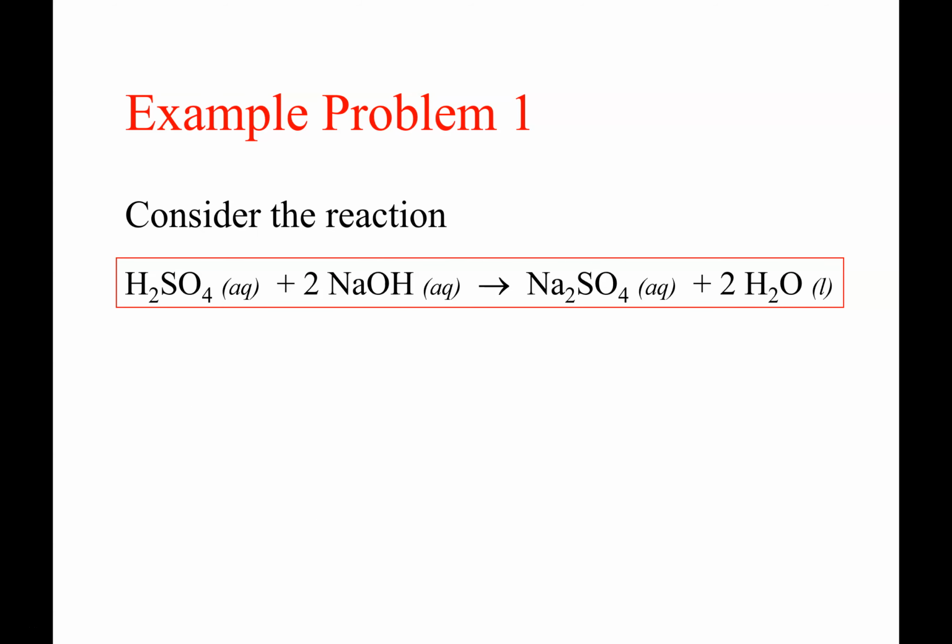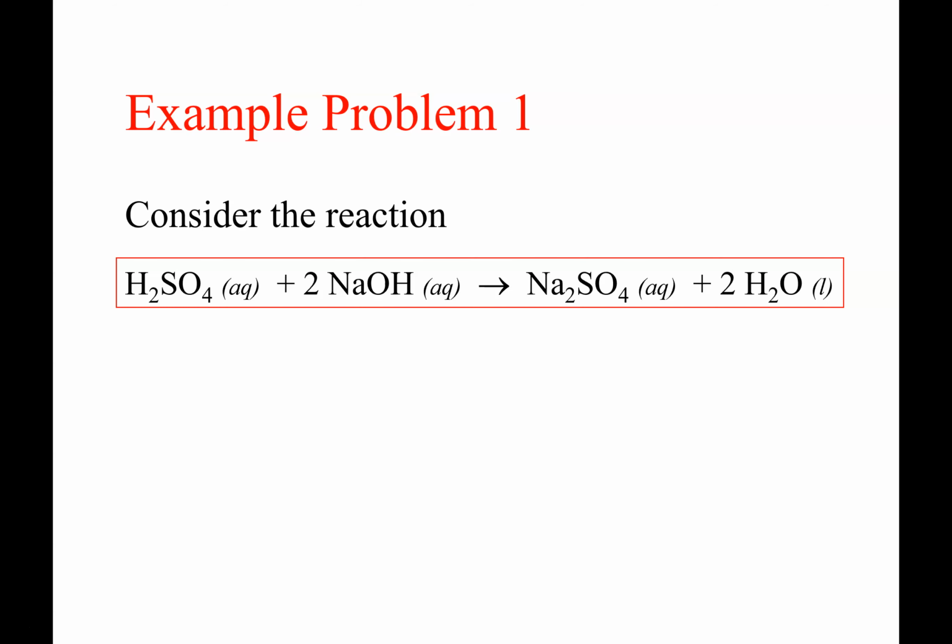So here we go. Let's work this problem. I'm not going to draw a picture, but what you've seen me do with stoichiometric calculations is write quantities underneath the species in the balanced equation. Here we have sulfuric acid reacting with sodium hydroxide to form sodium chloride and water.